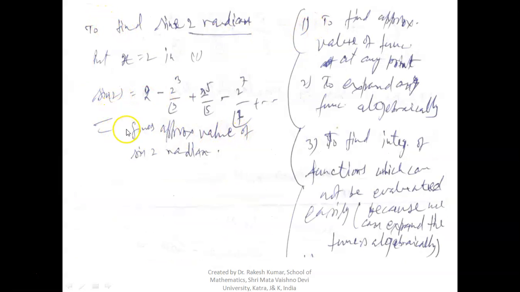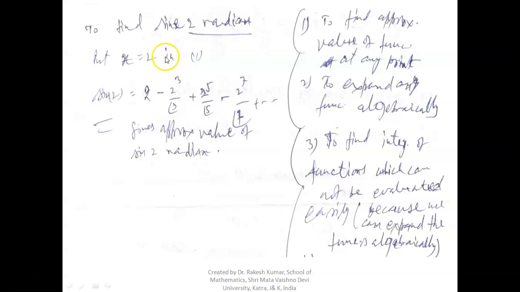Some important points to be noted. Number one, this Maclaurin's theorem or expansion can be used to find the approximate value of the function at any point. Number two, to expand any function algebraically and to find integration of functions which cannot be evaluated easily, because we can expand these functions algebraically.